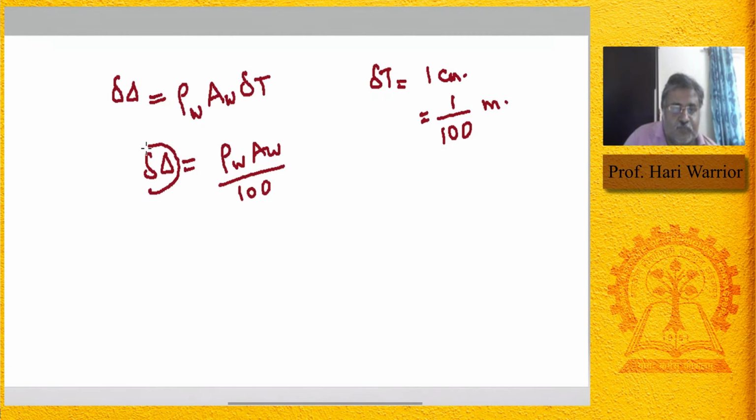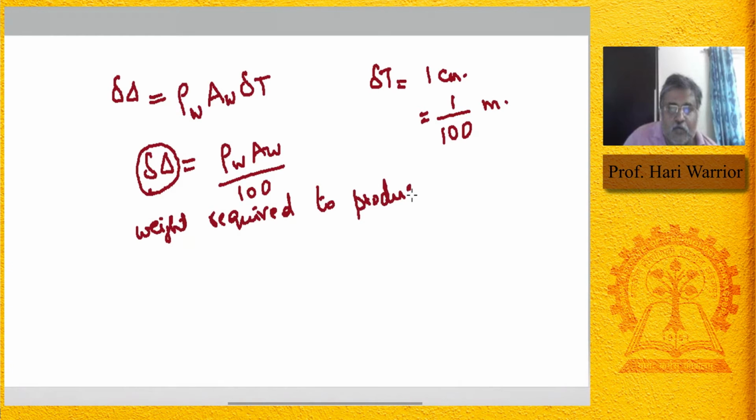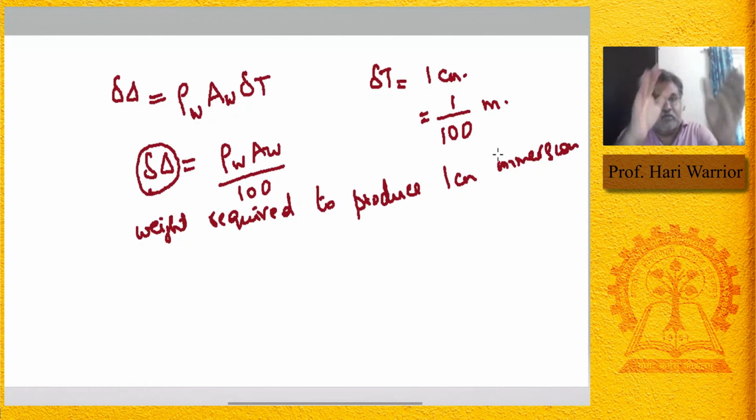This becomes the weight required to produce 1 centimeter immersion for that particular configuration of the ship.